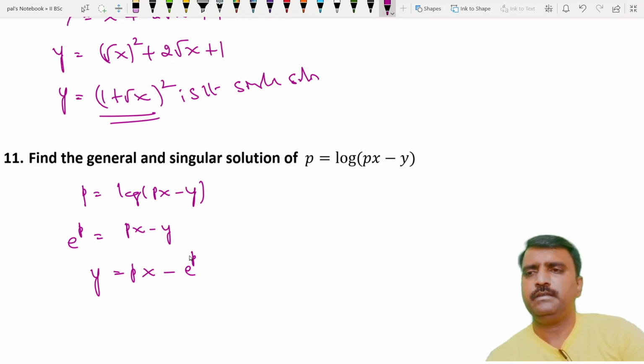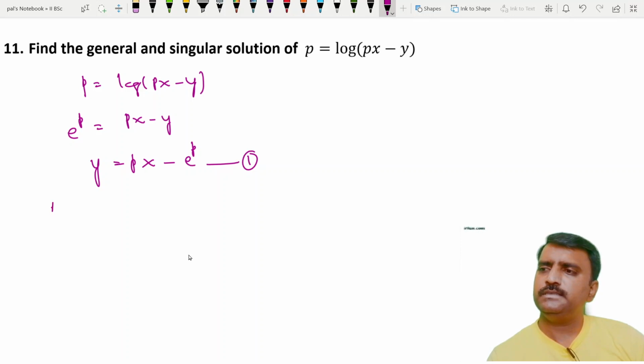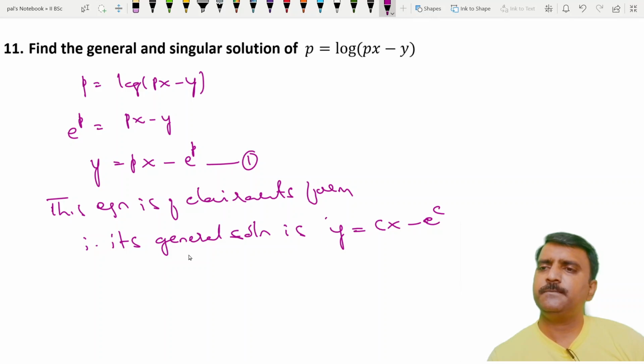Call this equation 1. This equation is of Clairaut's form. Therefore, its general solution is y is equal to cx minus e to the power of c.